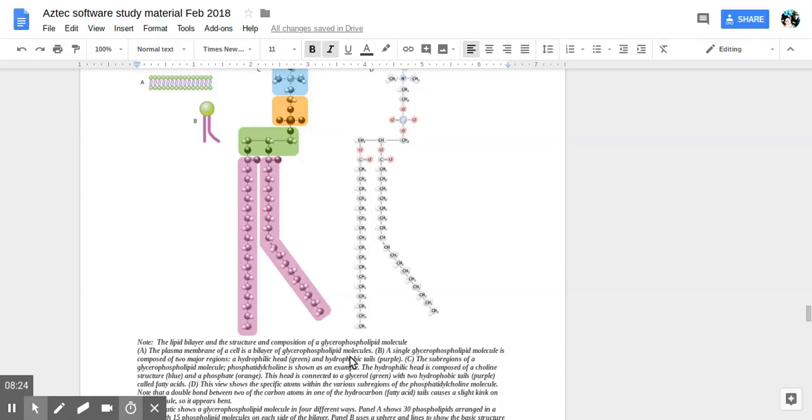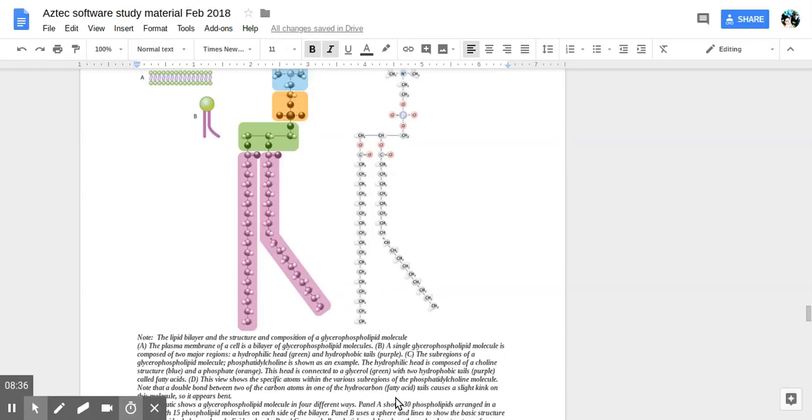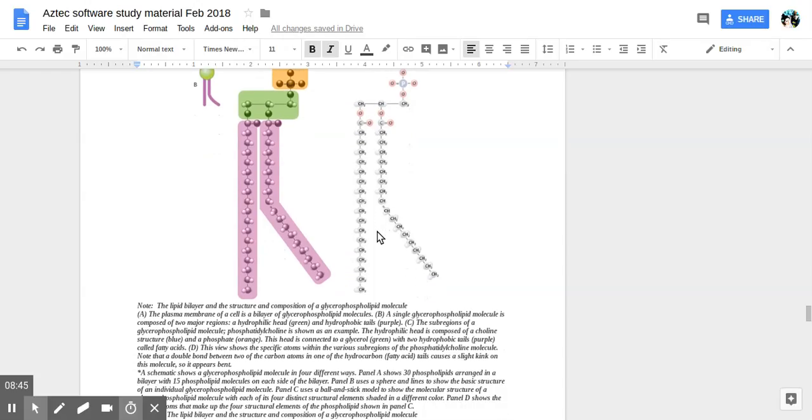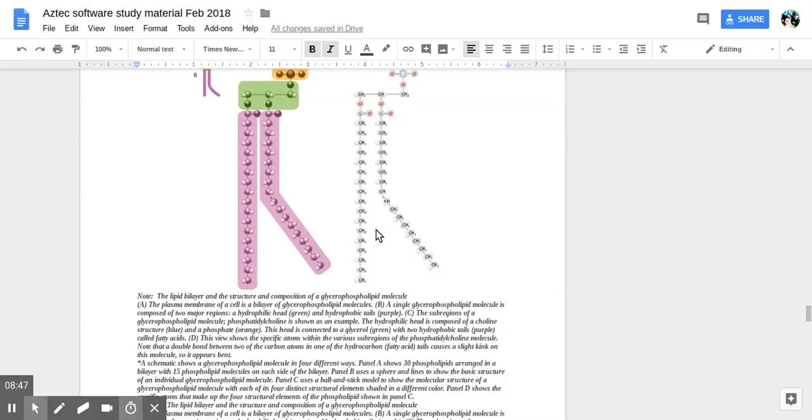It says note that a double bond between two of the carbon atoms in one of the hydrocarbon or fatty acid tails causes a slight kink, right here on the molecule. So it appears bent, so it's not perfectly symmetrical.